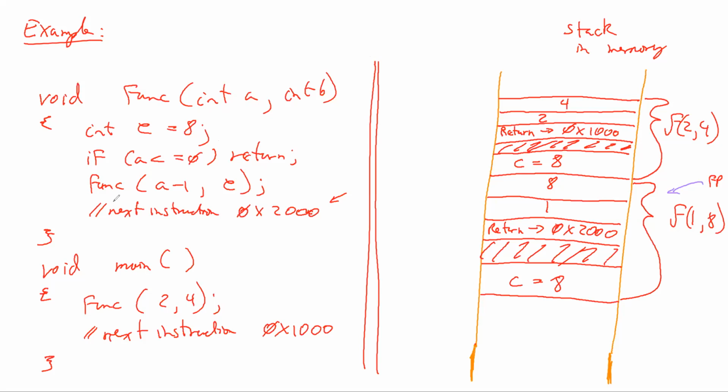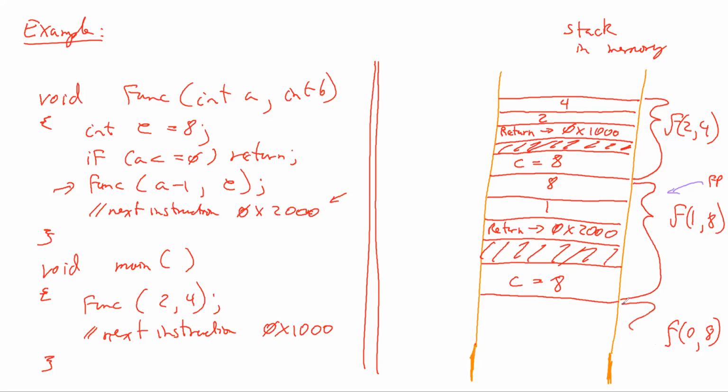False. Therefore, we call the function yet again. 1 minus 1 is equal to what? 0. So now I have F0, and C, we're never doing anything to C, so it's still 8. You see that? We have yet another instance of the function.